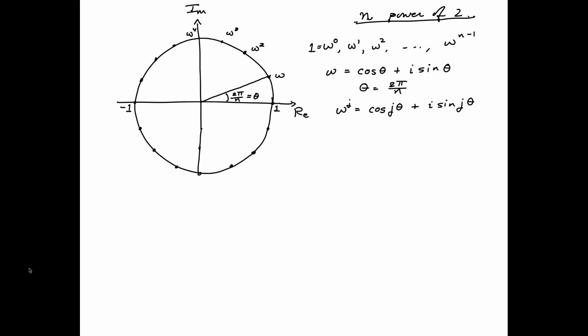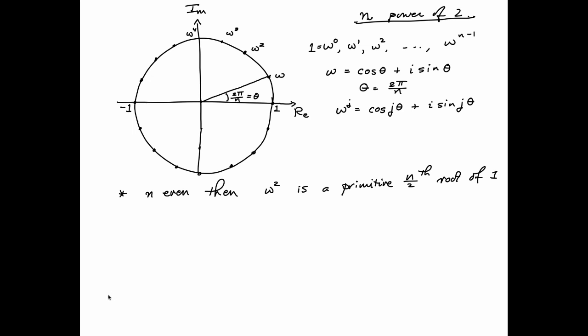Okay, now here's another property, and for this property we do need that n is even. So if n is even, then omega squared is a primitive n over 2th root of unity.